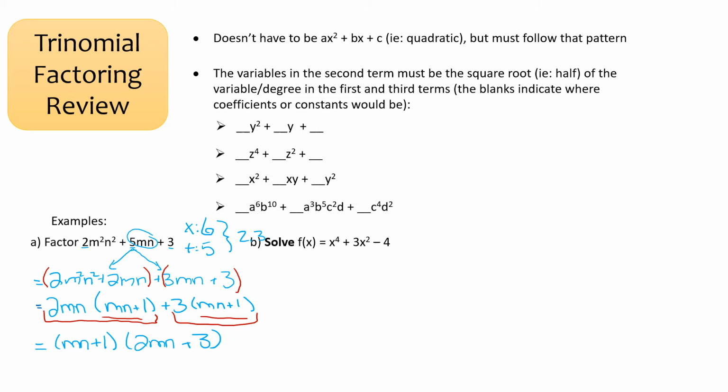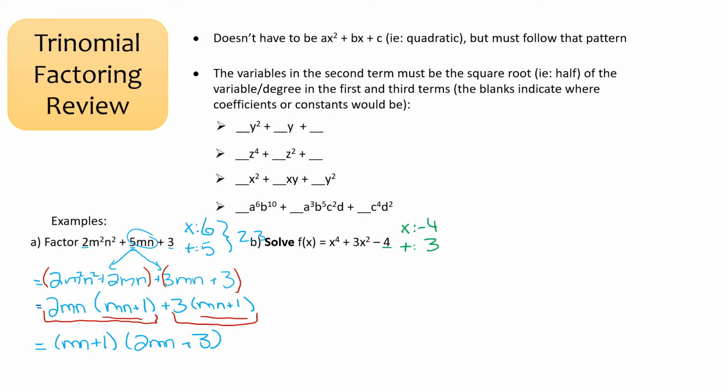Okay, so since I can factor it like a trinomial, this one's like an easy trinomial because the leading coefficient is a 1. It's an invisible 1, which means I don't have to go through all of decomposition here. I'm just going to do sum and product. So I'm looking for two numbers that have a product of just this number, -4, because the leading coefficient's a 1, so that doesn't make any difference when I multiply it on, and a sum of 3.